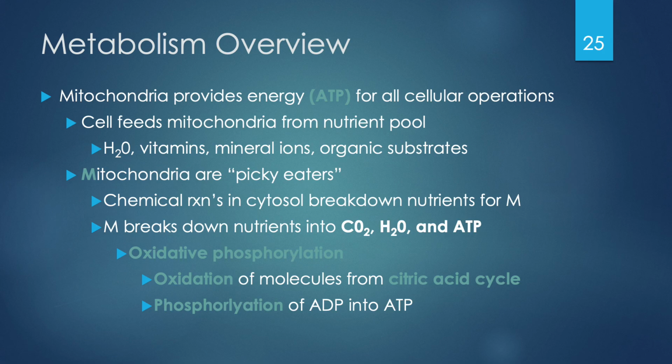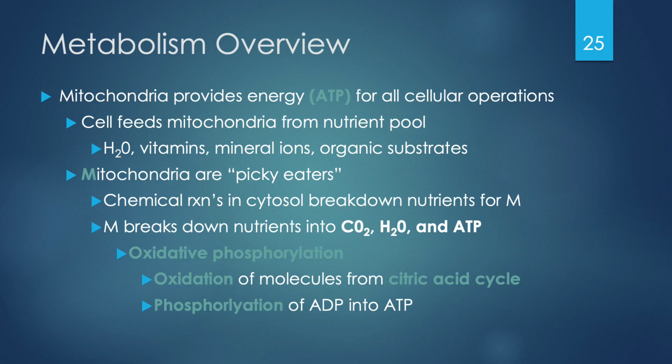They're only going to take in very specific things. So the cell has to feed the mitochondria from the nutrient pool that is in the extracellular fluid, so that way it can feed the mitochondria what it will in fact eat. So things in the nutrient pool will include things like water, various vitamins, mineral ions, and organic substrates, which include carbohydrates, lipids, etc.